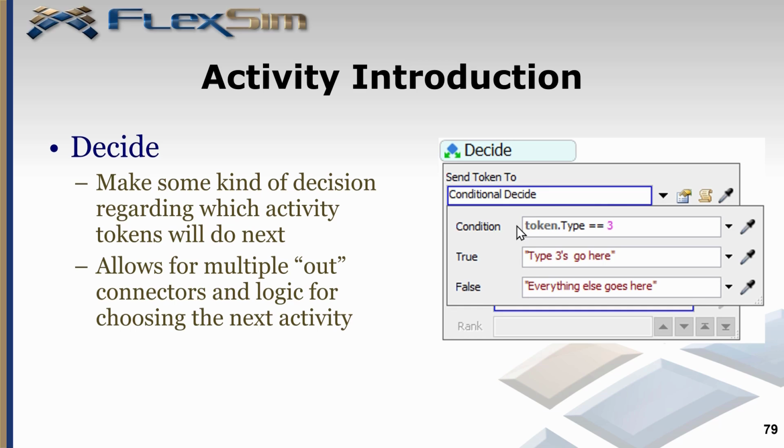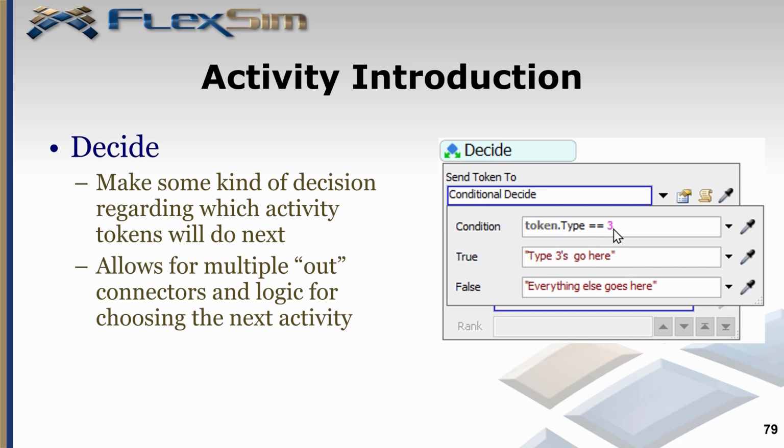The condition is an expression. In this example, token.type is a reference to the type label on a token, and it is compared. Two equal signs are used when comparing, and one equal sign is used when setting. Here you're comparing, so two equal signs. It's comparing the value of the type label on the current token to the value 3.